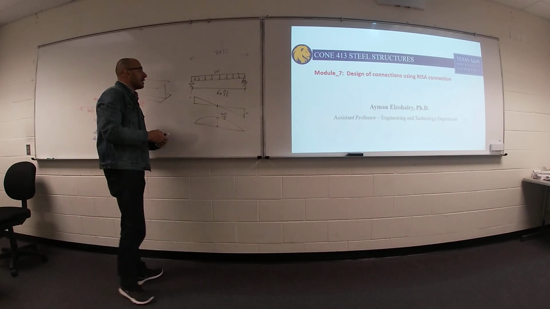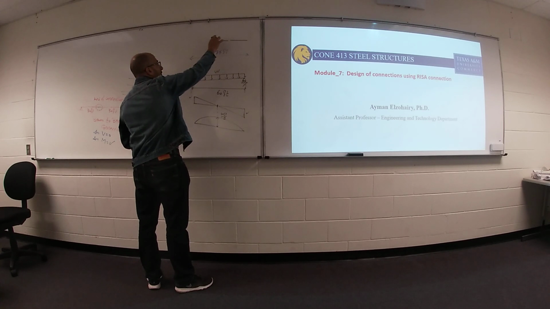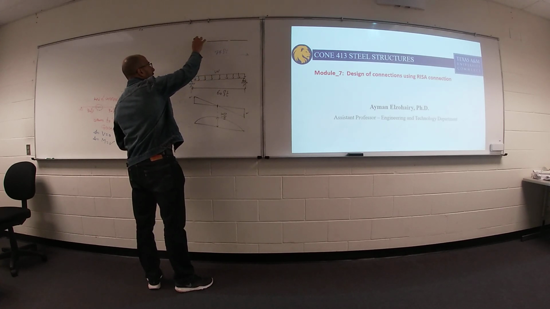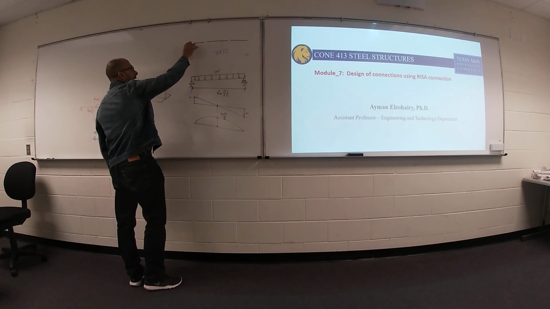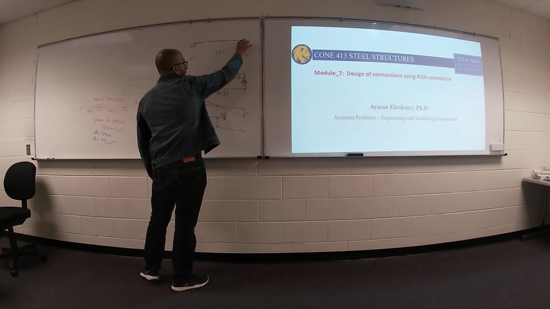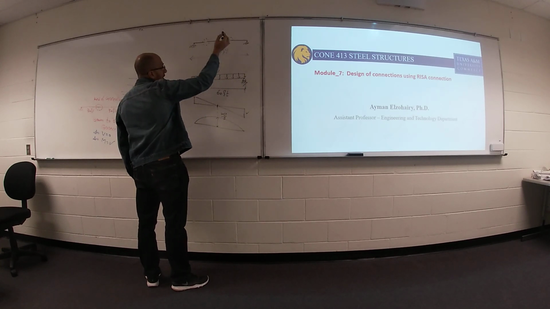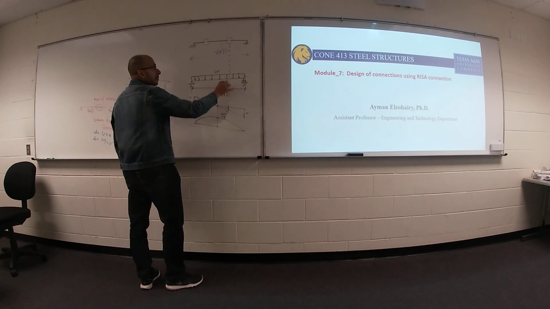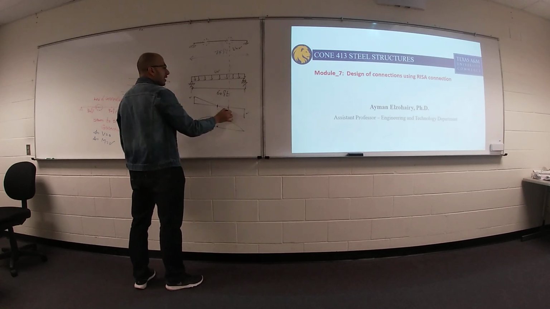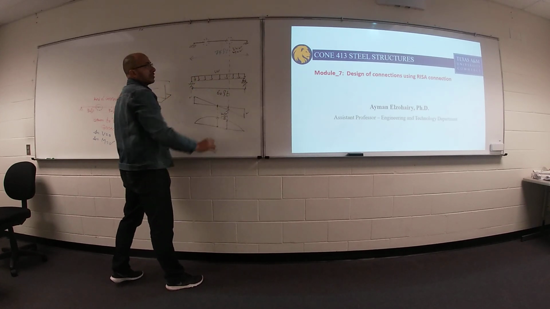We have 30 feet, another 30 feet, and another 15 feet. So we have two connections, one here and one here. At this time, I think we have a value of shear and another value of moment. We need to design.